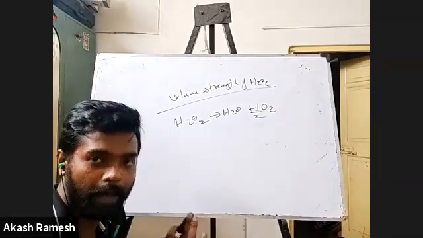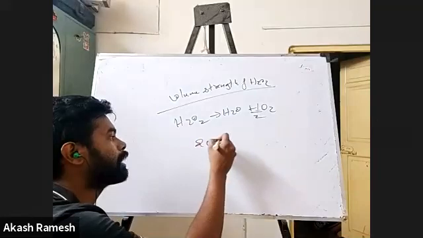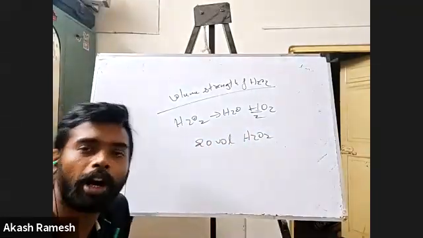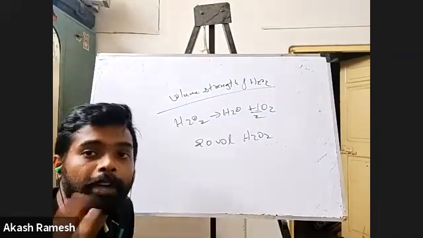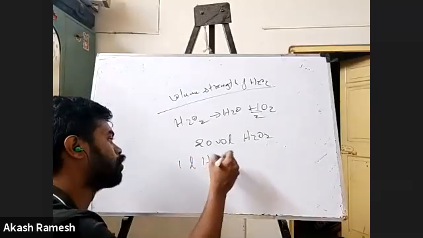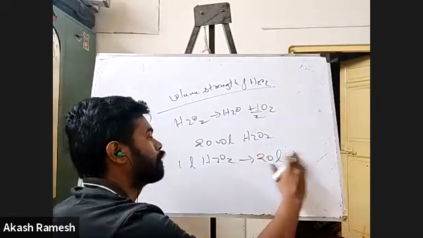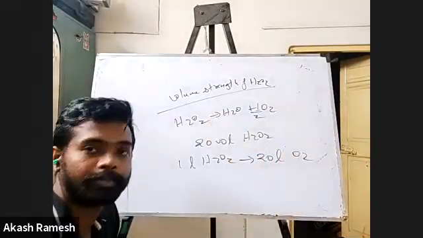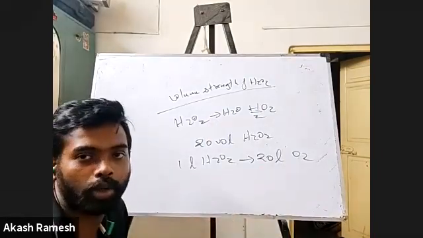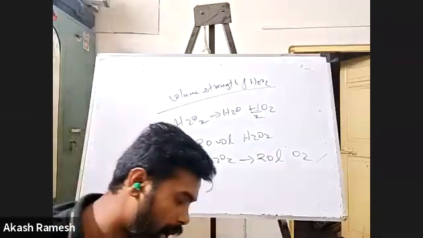For example, if I tell you the volume strength of H2O2 is some random value, 20 volume H2O2, that means if I had 1 liter of H2O2, I would have got 20 liters of oxygen from this reaction. That's what it means. For 1 liter of H2O2, how much volume of oxygen gas I'm going to have.